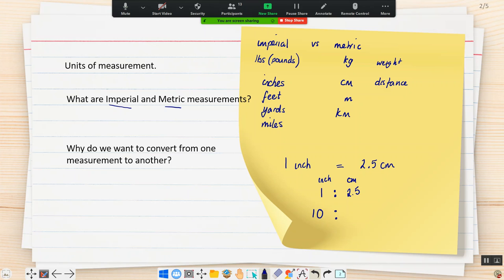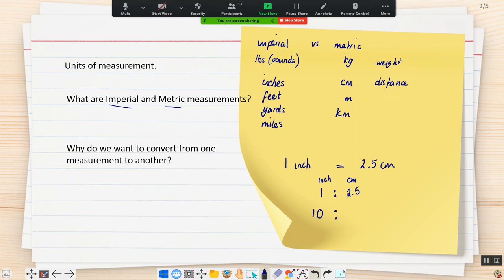What would we do? How would I figure out how many centimeters I would get if I had 10 inches, if I know that 1 inch is 2.5 centimeters?